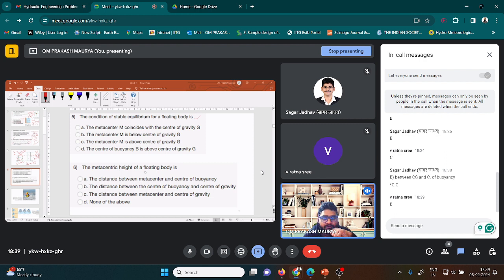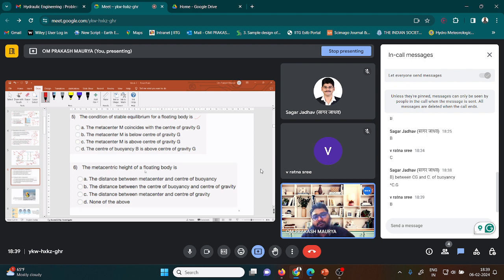Okay, Ratnasiri is also telling option B is correct. No, option B is not correct. Actually it is the distance between the metacenter and the center of gravity.